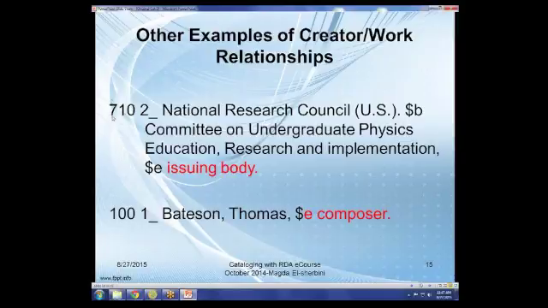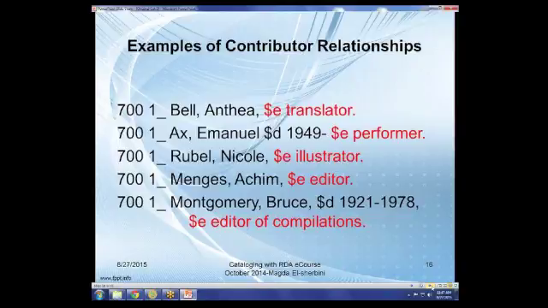But this is an example of how you would create a field for an organization as creator, or, in this case, as publisher. Composer works fine in field 100 if you're creating a record for either sheet music or a musical recording. Obviously, composer wouldn't really apply to other types of works.